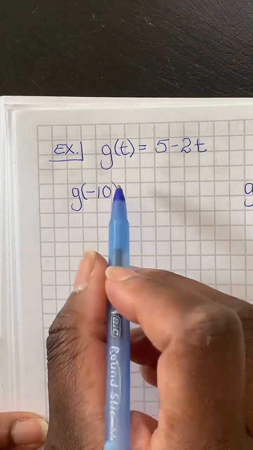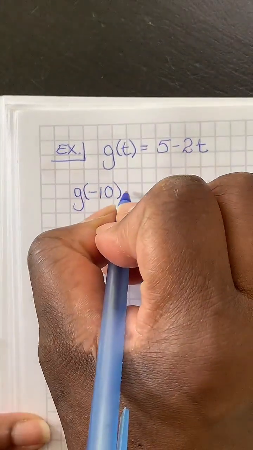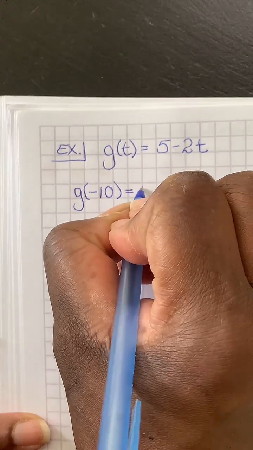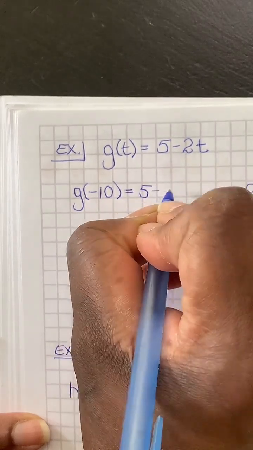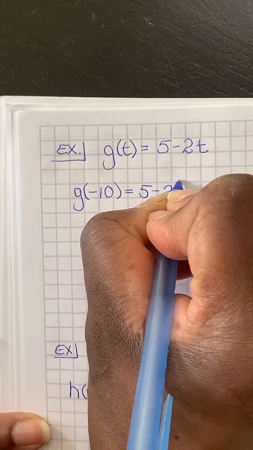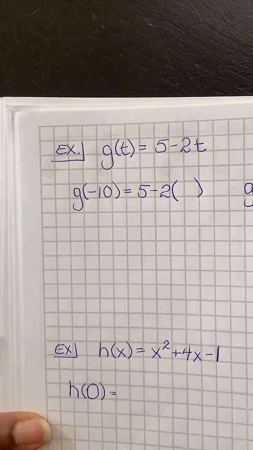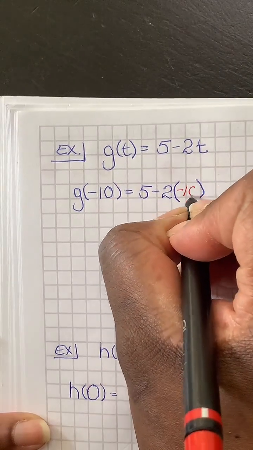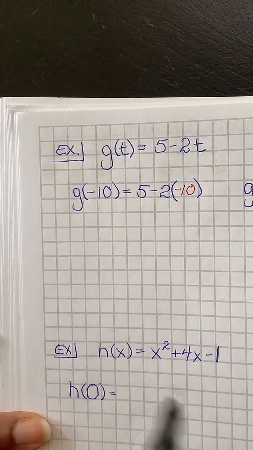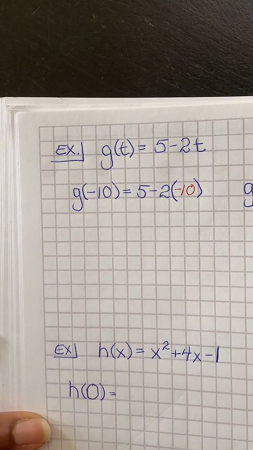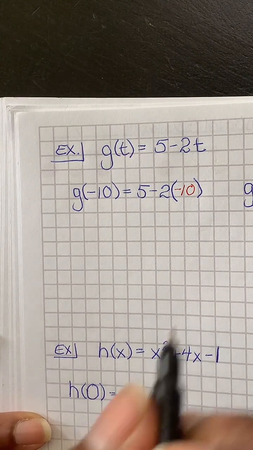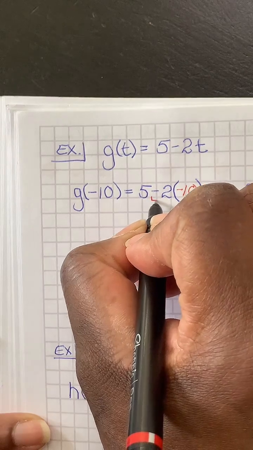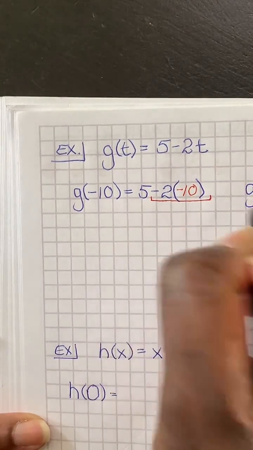All right. So when we substitute, you have your 5 minus 2, and we're substituting the negative 10 for the t. So remember, please excuse my dear Aunt Sally. There you go, Ivy. So we have negative 2 times negative 10.